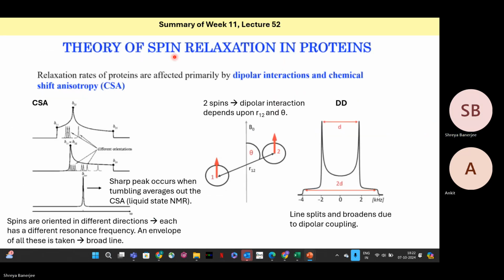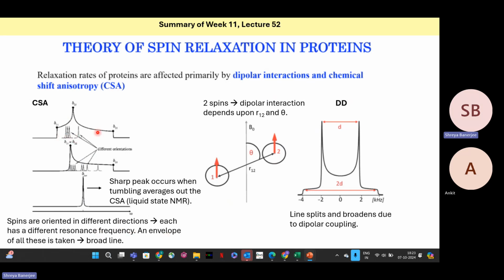So, for spin relaxation in proteins, there are two major processes. One is the chemical shift anisotropy CSA, and one is the dipolar interaction or DD. So basically in CSA, what happens? Spins are oriented in different directions, and each direction has a different resonance frequency.